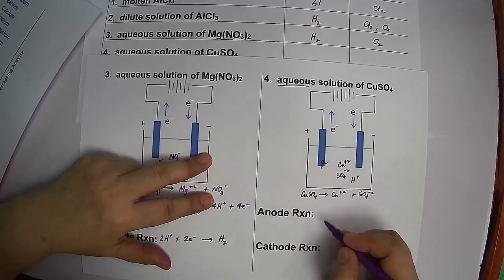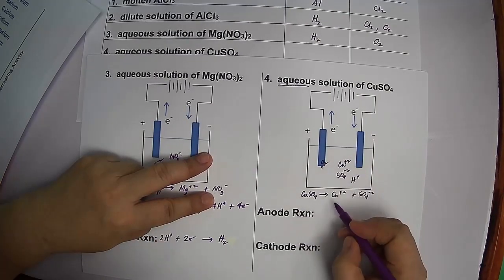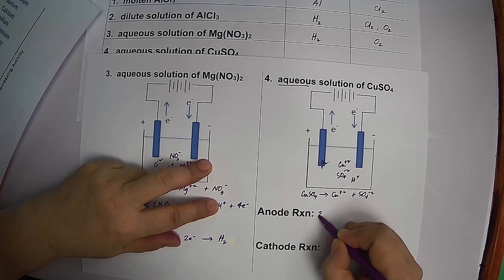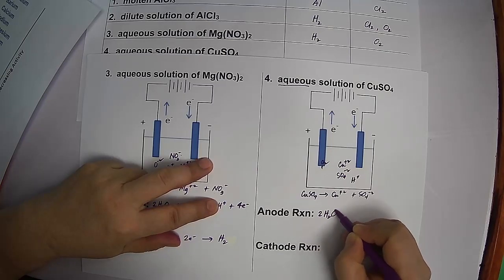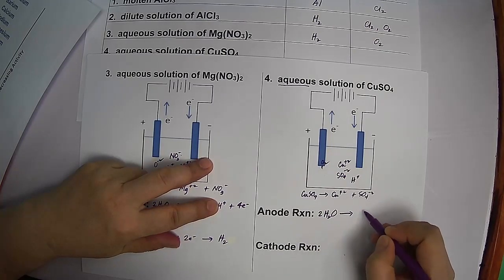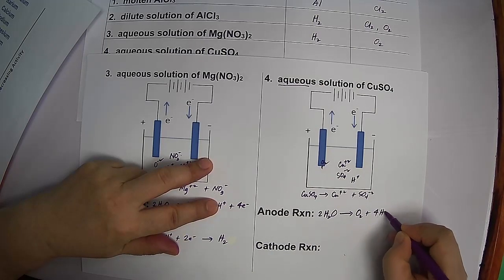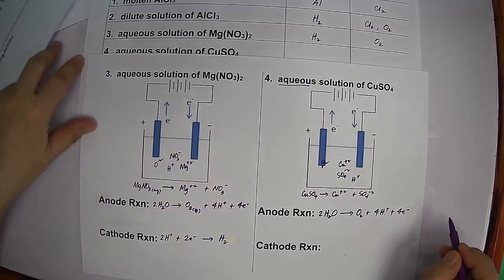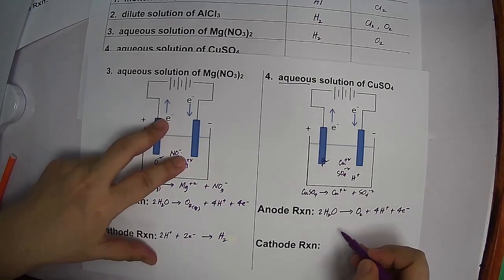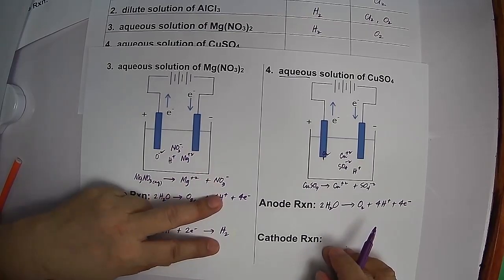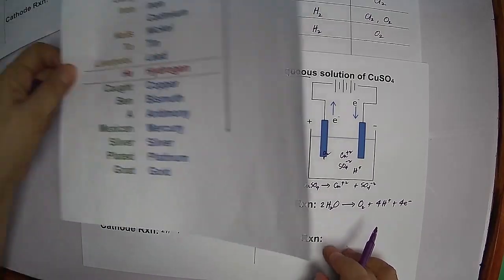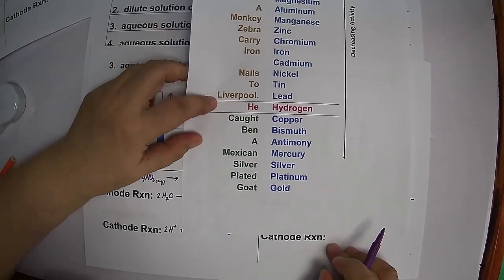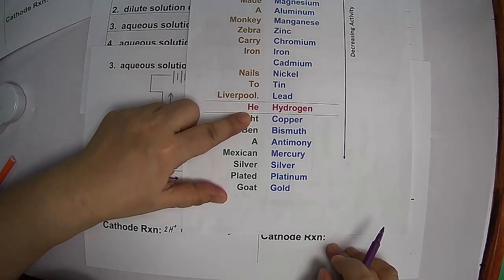So the anode reaction would be the oxidation of water producing oxygen and 4 ions of hydrogen and 4 electrons. At the cathode, if we refer to the activity series, copper is below hydrogen.